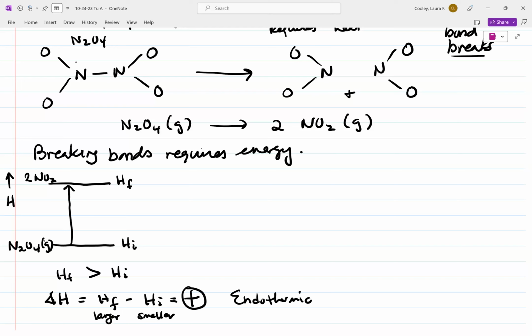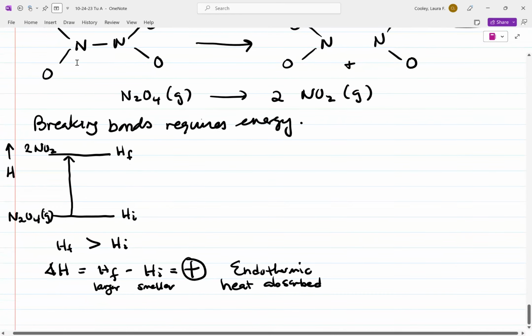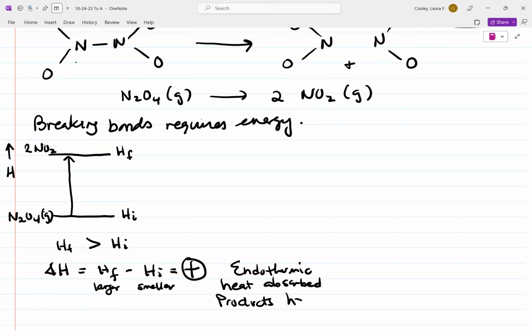Okay, so heat is absorbed, or heat is required. Delta H is positive. And the reason for this is that the products have fewer bonds. So we had a net breaking of a bond, which requires energy.